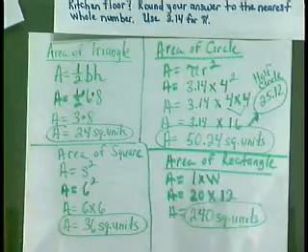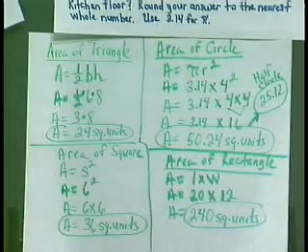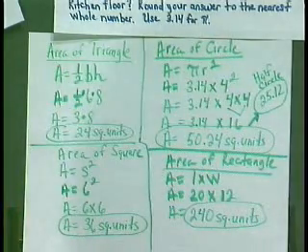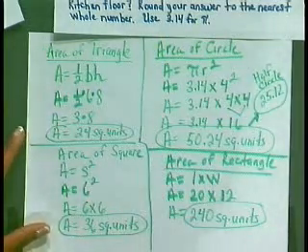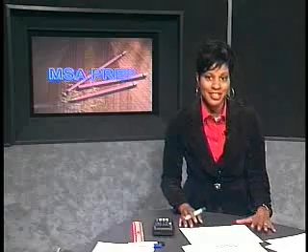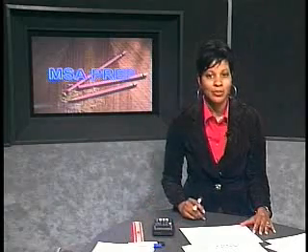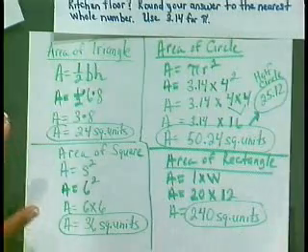So now we've got all the areas for each shape that comprise our composite figure. If we go back and add them all up, this will give us the total area for Sydney's kitchen. So let's see what her actual area will be. We're going to use our graphing calculator.